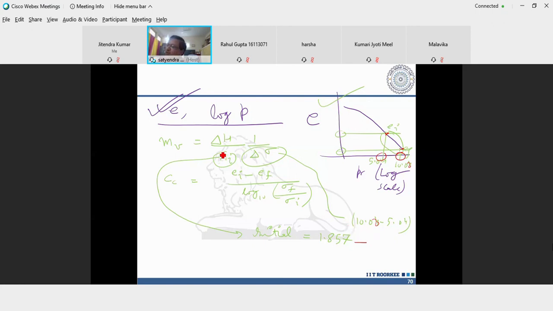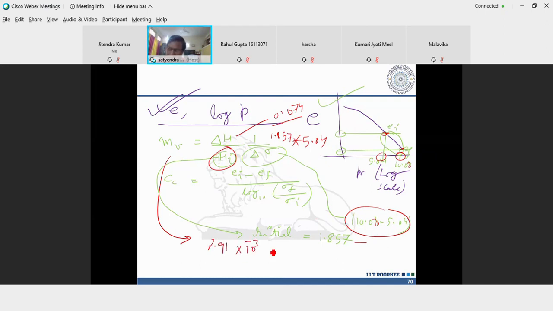In this particular case it is 0.074 upon the initial value, say 1.857, HI, corresponding to any two points, into the difference of these two values, 10.08 minus 5.04. So MV in this particular case comes out as 7.91 into 10 raised to the power minus 3 centimeter square per kg.